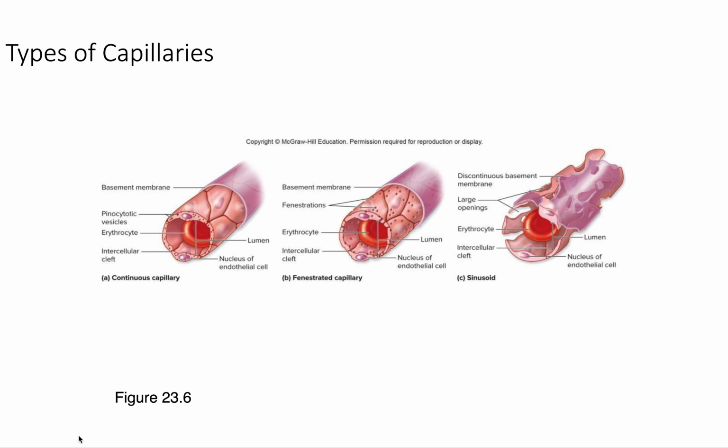When we're looking at the different types of capillaries, their main differences are going to be with different components of their lumen or the tunica intima. So the continuous, this is the most common type. You can see here that we have the nucleus of the endothelial cell located along the edge here.